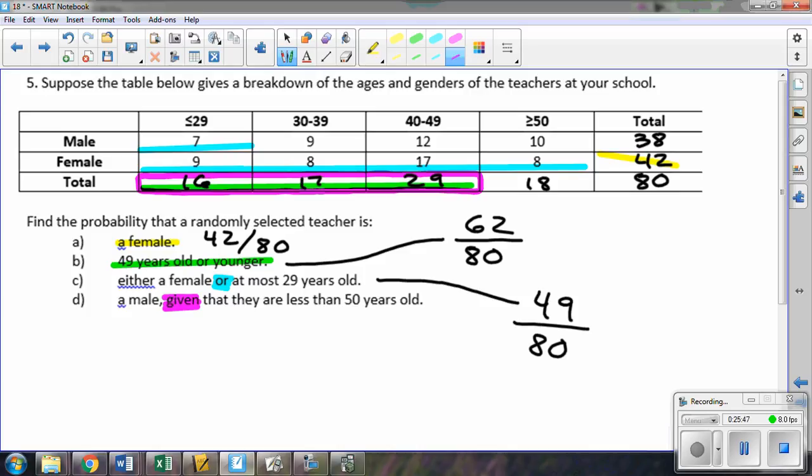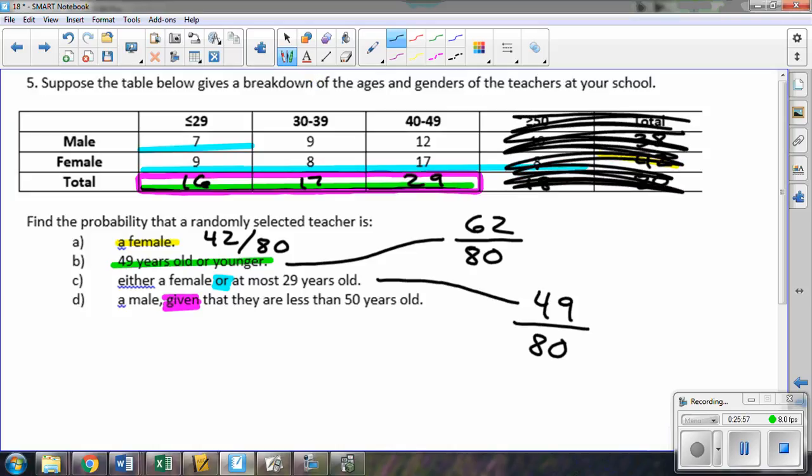So it's not just one column we're looking at, or not just one row, but basically we're looking at it and saying, get rid of all this stuff, and now we're working only with this table. Well, as we saw earlier, there are 62 people then in this table. That was our work from question B.